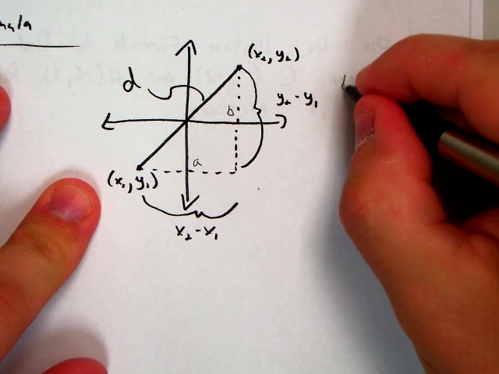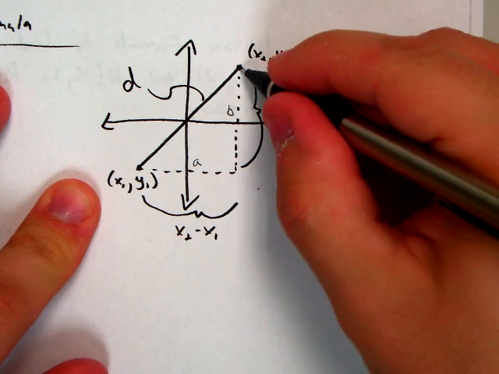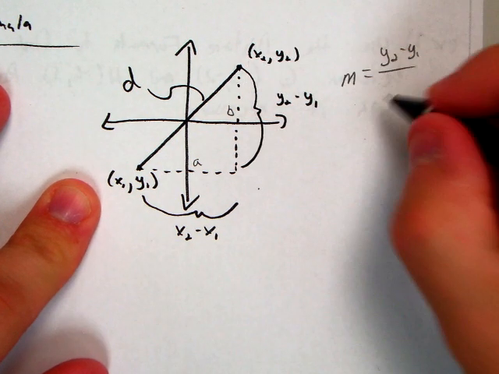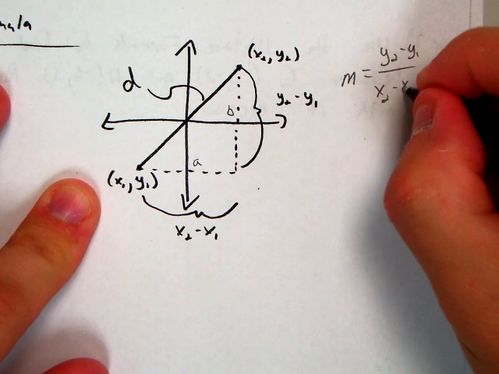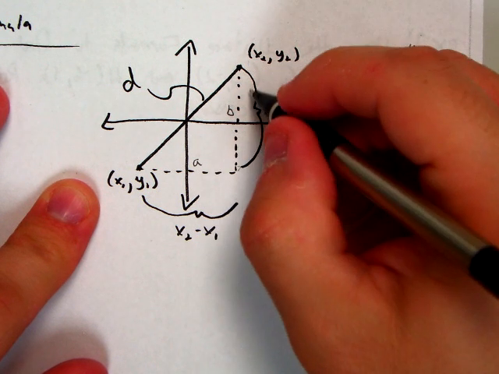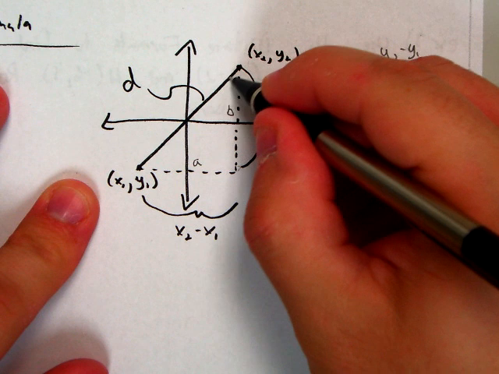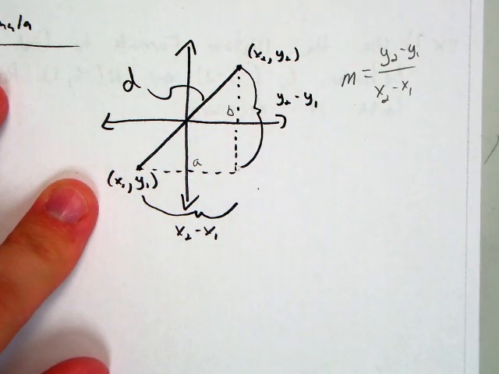And if you remember, our slope formula was y2 minus y1, which happens to be the rise, divided by x2 minus x1, which happens to be the run. So essentially what we're doing is we're using our slope information to help us find this total distance.